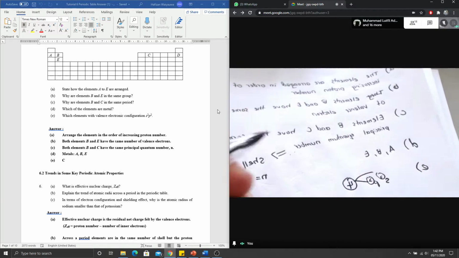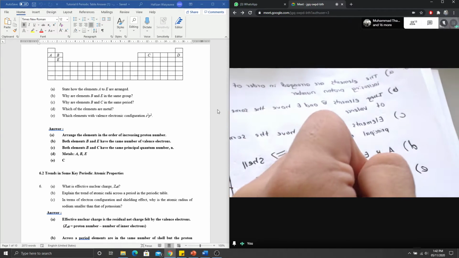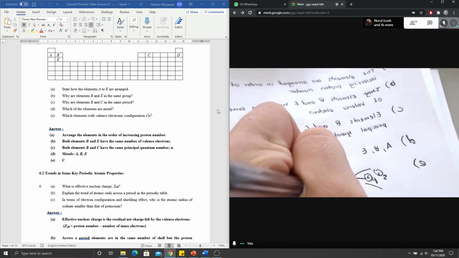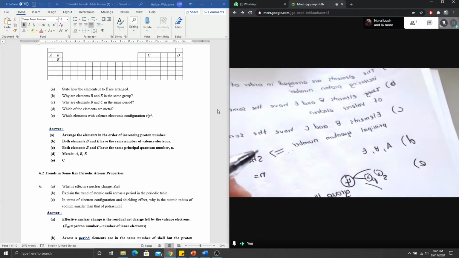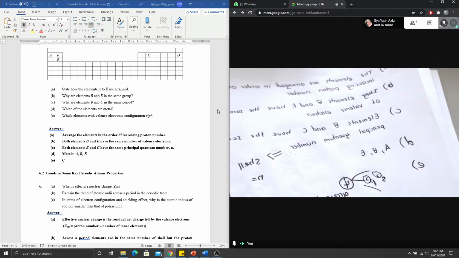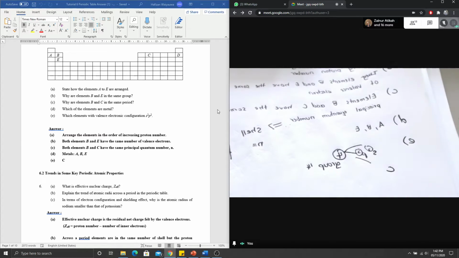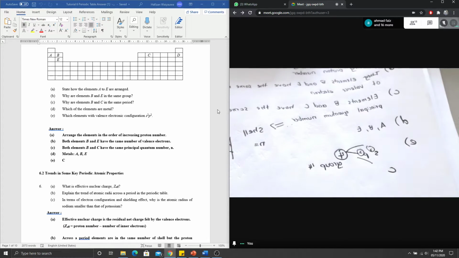So, kalau 4, and then kita tengok it is a P block. So, dia group berapa? 14. So, group 14. So, which one dekat gambar periodic table awak atau yang kosong tu, mana yang satu group 14? C. Yes, C. So, okay. Boleh? Boleh.